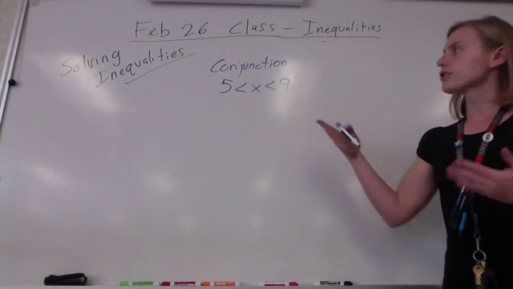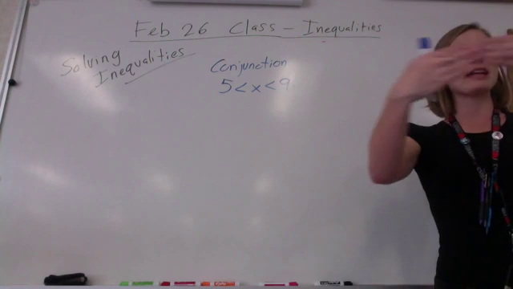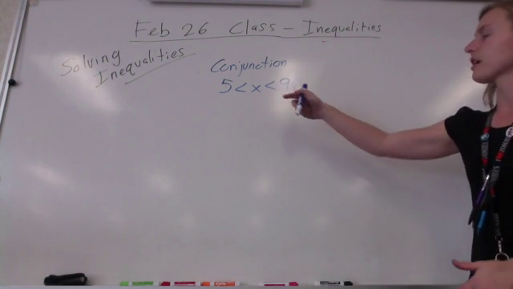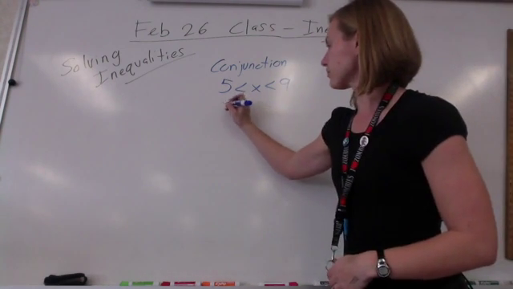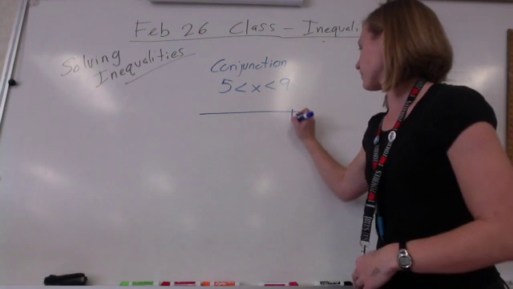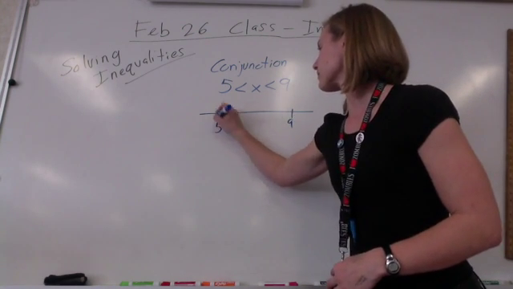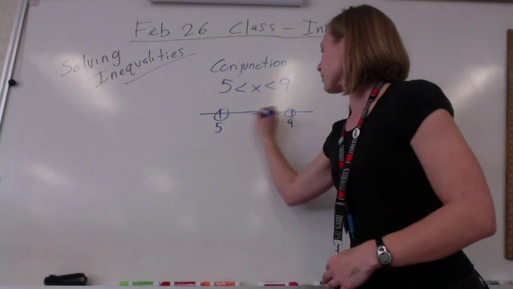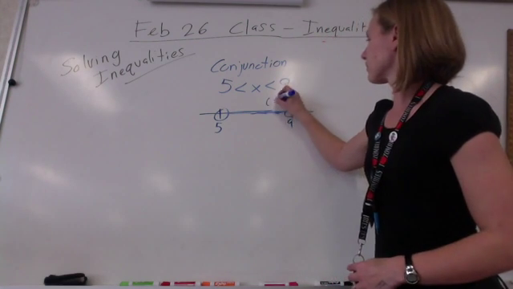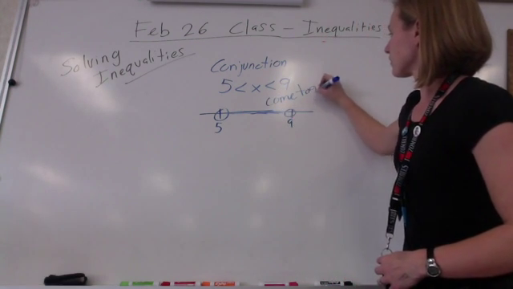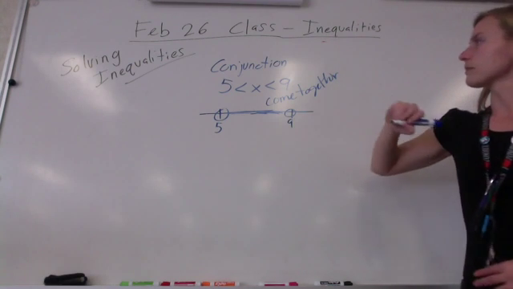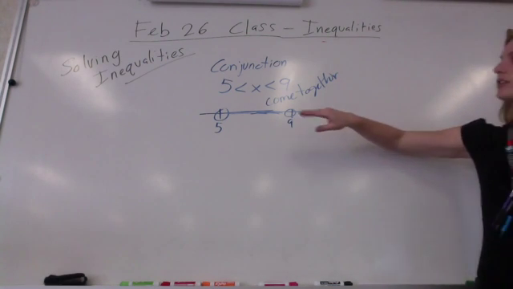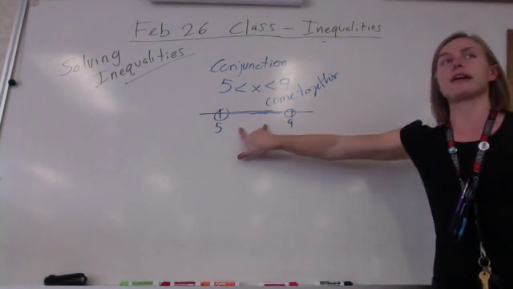So conjunctions means this: you're essentially going to have an inside range. These numbers are going to come together. So when I graph them, it's going to be in the middle. You can say it all over again. Sure. So we call it a conjunction when we have essentially an inside range.